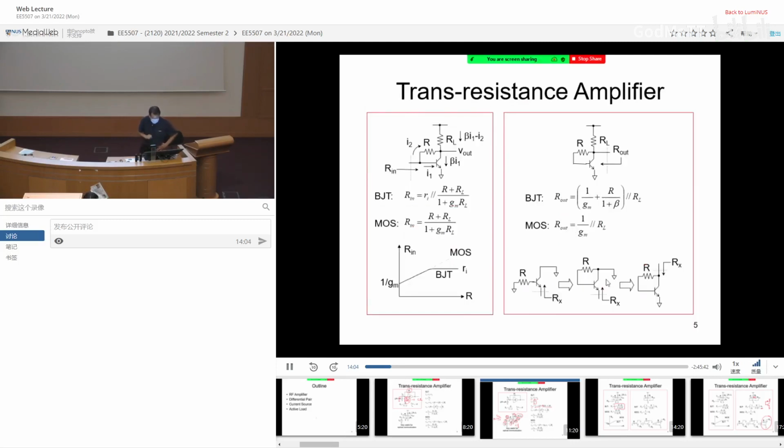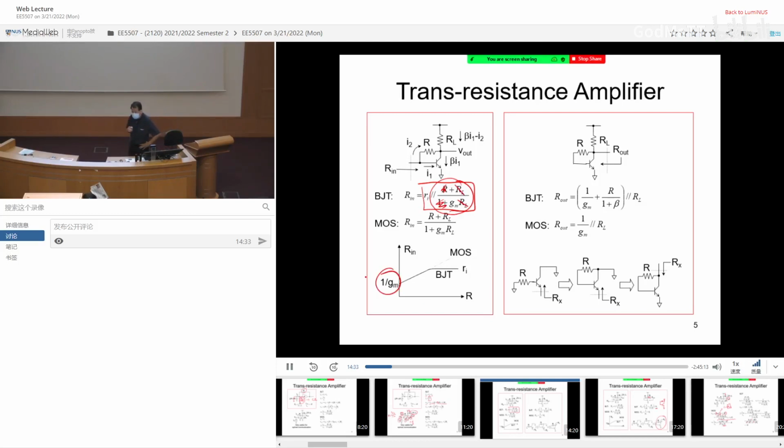Now let's look at the Rin. For BJT, we already obtained this guy. You can see that for BJT, the smallest you can go is basically 1 over Gm. That assumes R is so small and GmRL is bigger than 1, so RL cancels, and you get 1 over Gm.